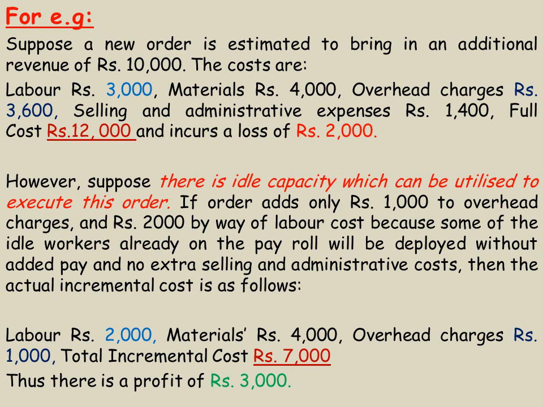How can the company get the new order and make a profit within the revenue amount? Suppose there is idle capacity which can be utilized to execute this order. Sometimes laborers are already there, working at average or maximum production, so we need not pay extra money.